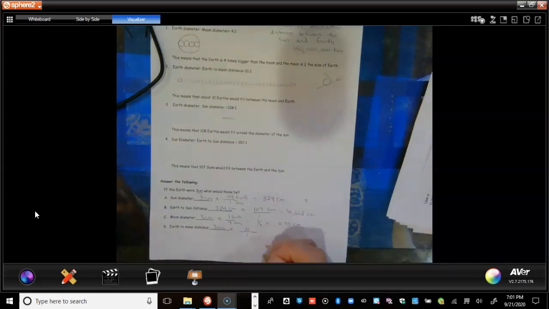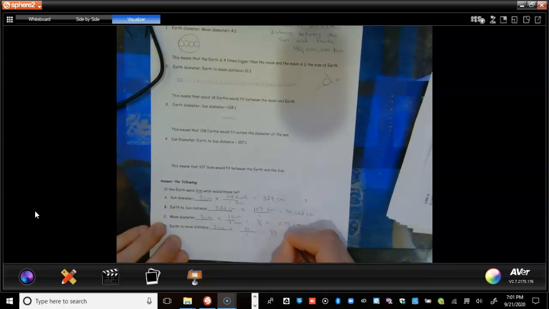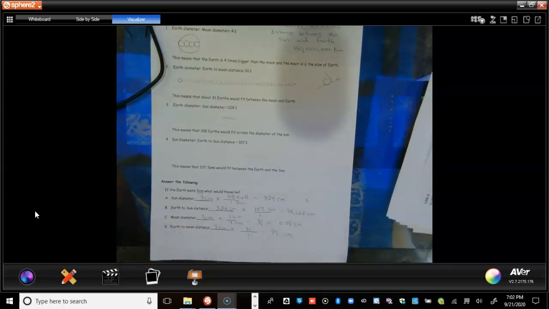So 3 times 31, that's about 93. That's a lot. 93 centimeters is the distance from the Moon to the Earth if the Earth is 3 centimeters in diameter. And really, that's still smaller than the Sun. So the Earth-Moon orbit is smaller than the actual Sun itself.